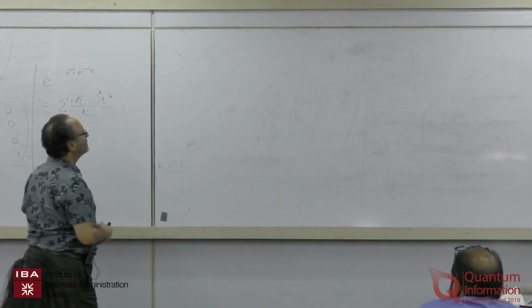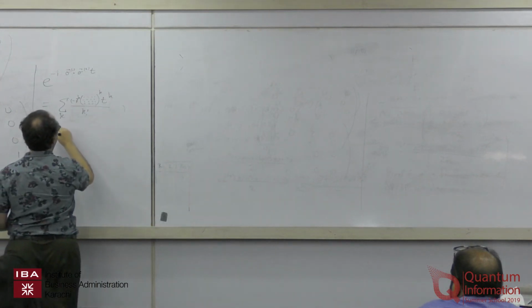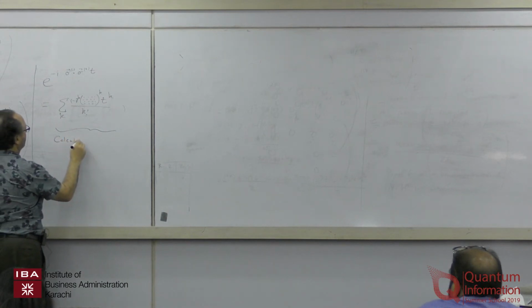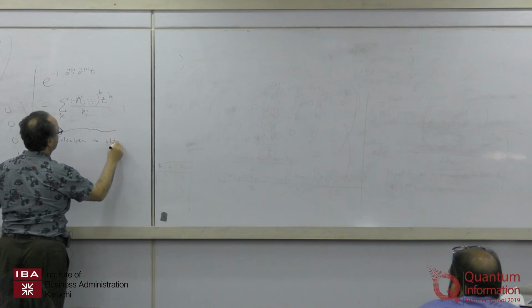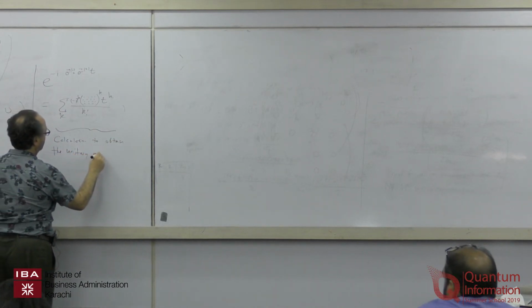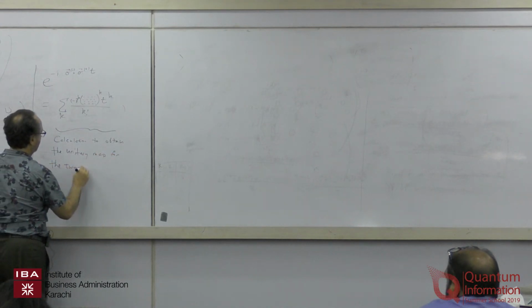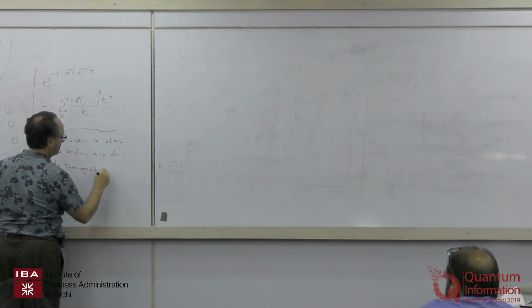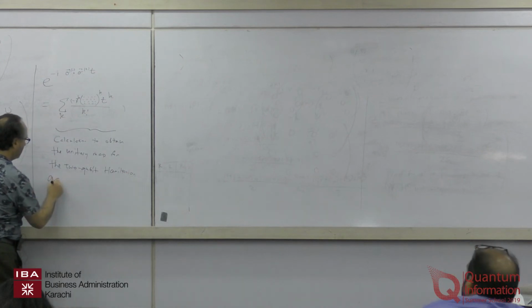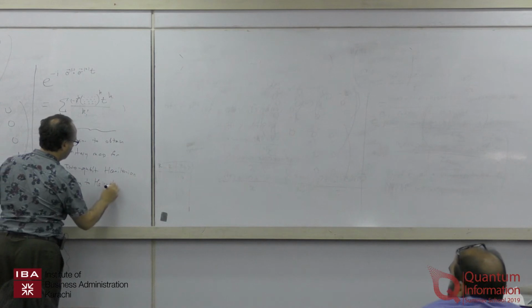Okay, the next one was 3 qubits. So I'll finish here. This is the calculation to obtain the unitary map for the 2 qubit Hamiltonian according to the Heisenberg model.